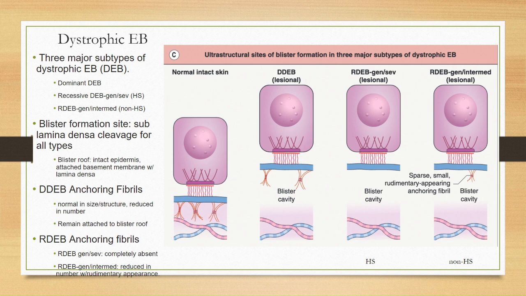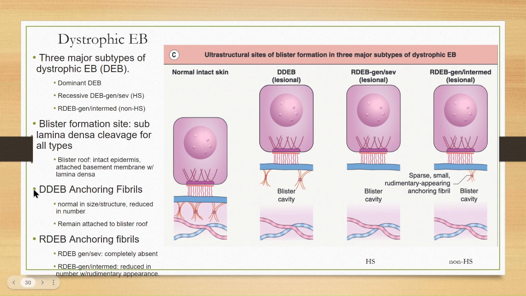So the blister formation site for sublamina densa cleavage of all types, you're going to have a blister roof with intact epidermis, attached basement membrane with a lamina densa. Notice that's depicted here. So the blister cavity shows that the lamina densa is fixated to the overlying basal cell.